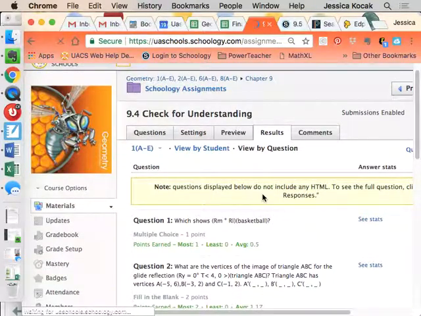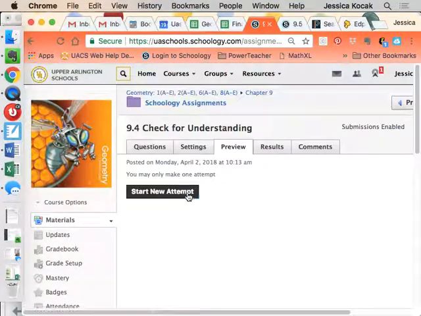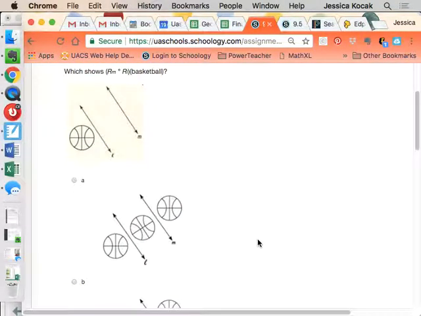The only question I really want to talk about with your check for understanding is the basketball problem. That's the only one I got right. Well, that's unfortunately the common miss one. So you're reflecting over two lines that are parallel, which means ultimately it's just a translation of double the distance.